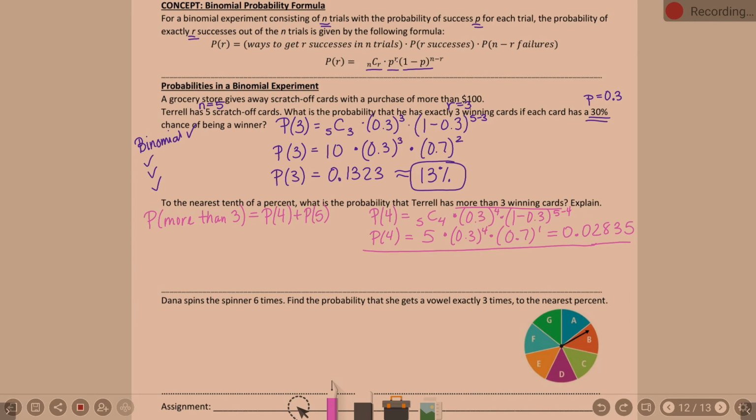Okay. And then can you repeat the process for a probability of 5? Okay, so now we're talking about probability that all of his cards are winners. So probability of 5, now my R value is 5.